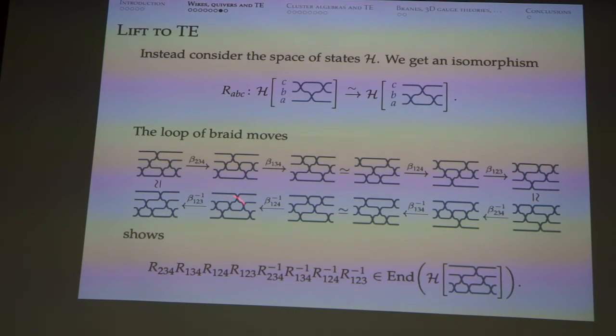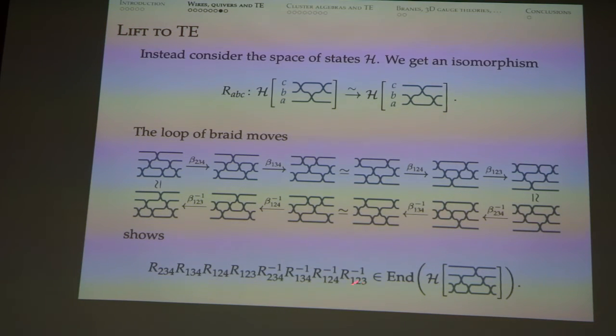And then this diagram comes back to itself. Then what does this mean? This means that if you look at the corresponding isomorphisms of the Hilbert spaces with the corresponding quantum field theories, this combination of these isomorphisms is an endomorphism of the Hilbert space of the quantum field theory which is assigned to this wiring diagram.